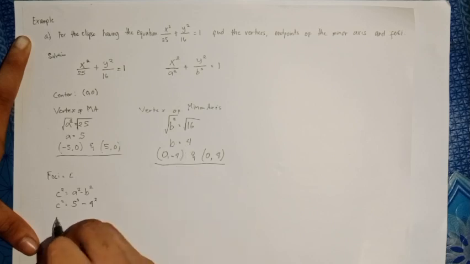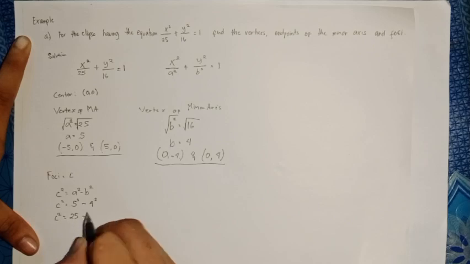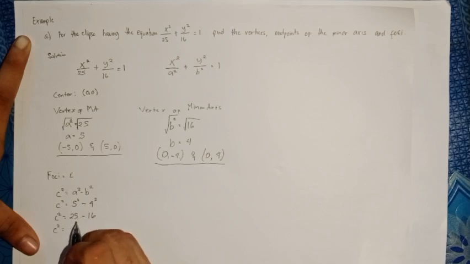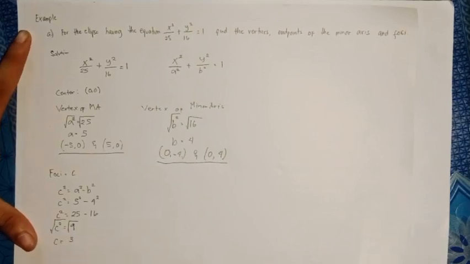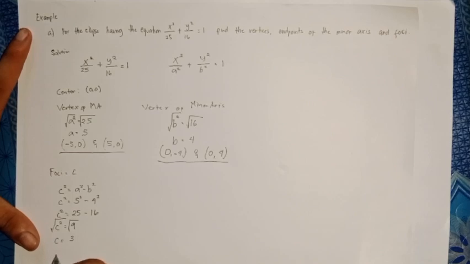So c squared is equal to 5 times 5 is 25 minus 4 times 4 is 16. Now c squared is equal to 25 minus 16, we have 9. Now square root of c squared is c, square root of 9 is 3. Therefore, our foci are (3, 0) and (-3, 0).